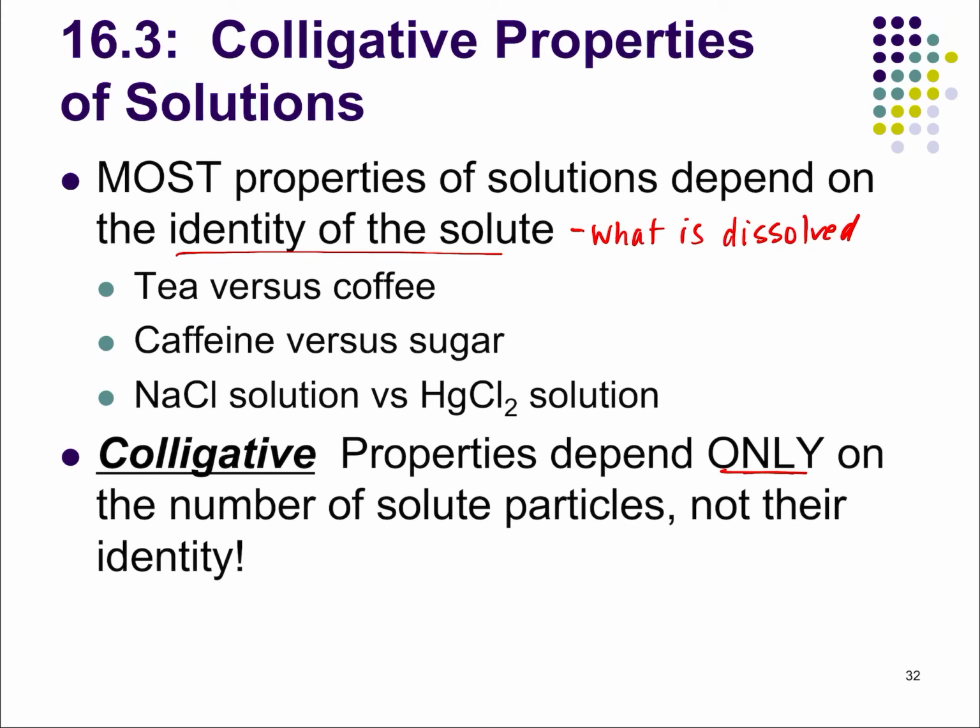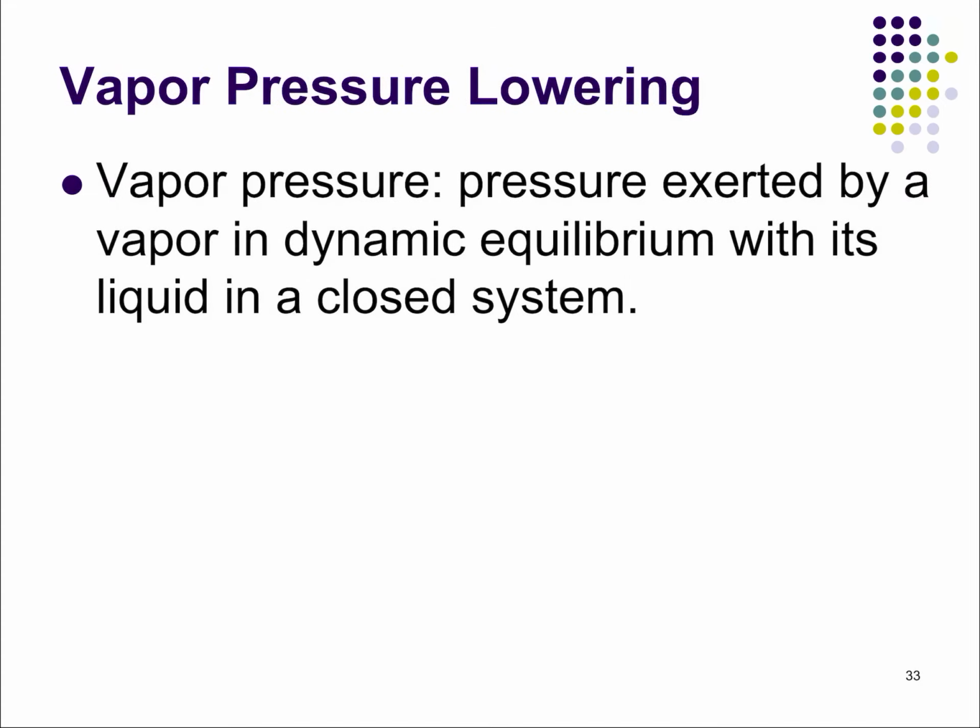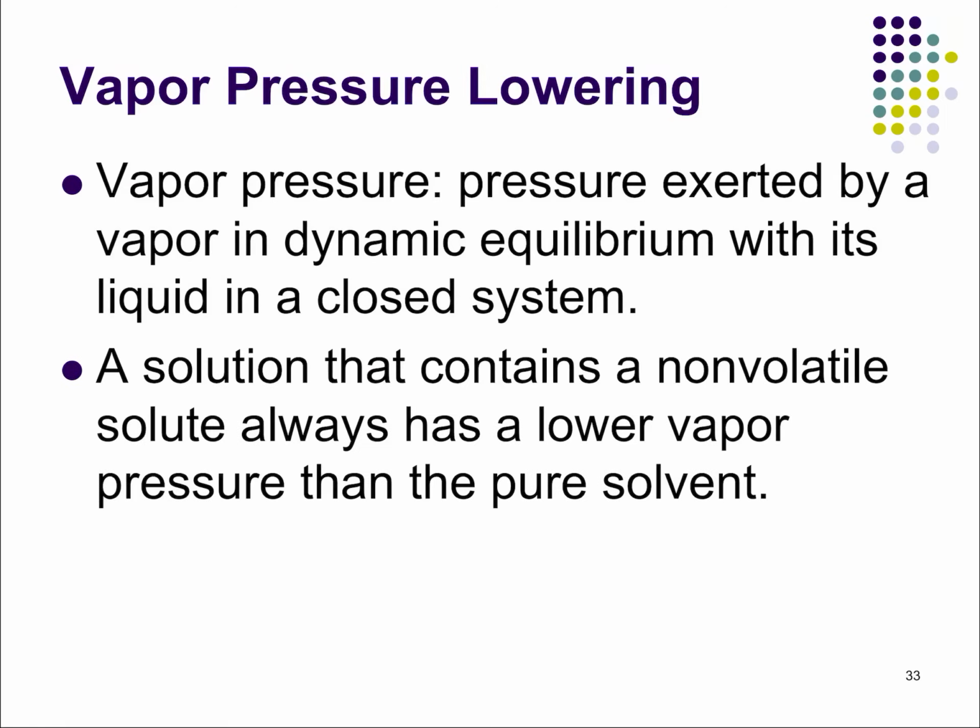What is dissolved? Colligative properties depend only on the number of solute particles, not their identity. Number of particles. So how many? For vapor pressure lowering, vapor pressure is the pressure exerted by a vapor in dynamic equilibrium in a closed system.